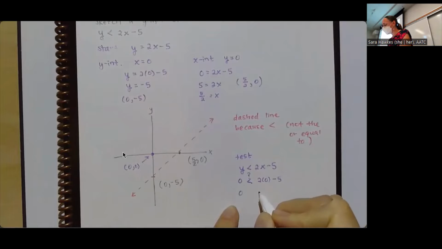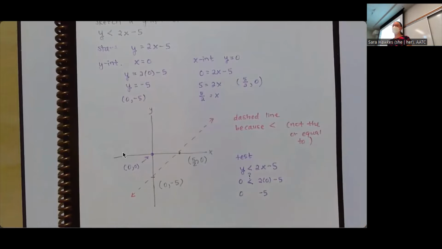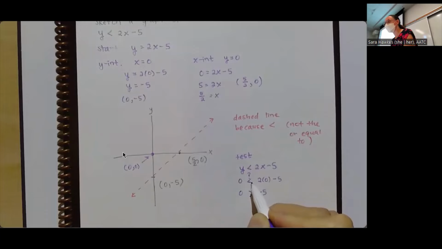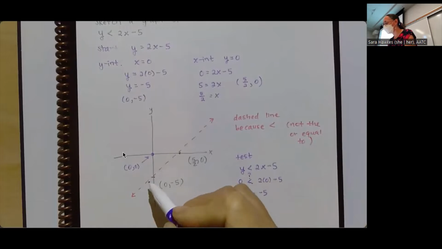So if I look at 0 and -5, which one of those is further to the left on a number line? Right, which means -5 would be less than 0. So this inequality does not hold. It's not true. So I need to shade in the opposite side.